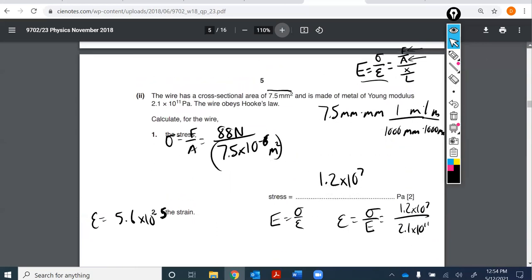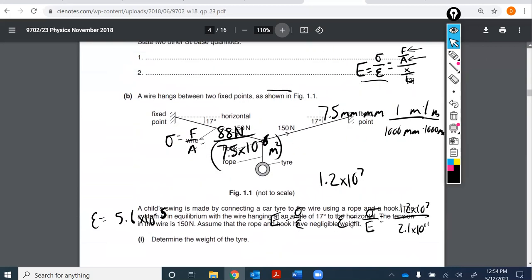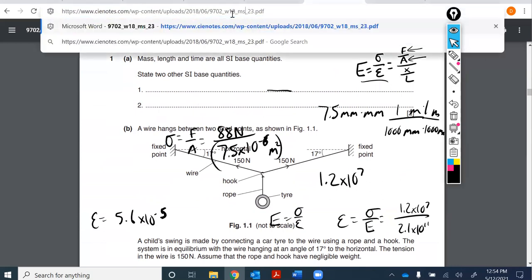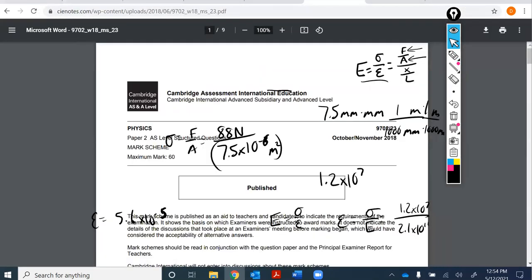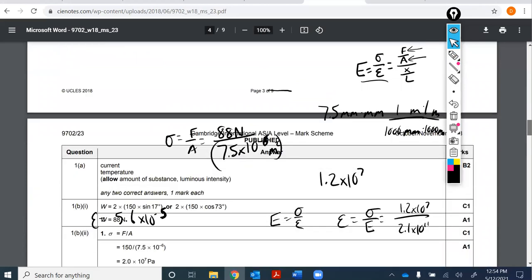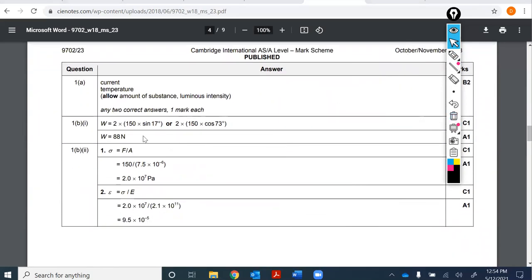Now, it's possible that's correct, but it's also possible I misinterpreted something up here with this wire. Let's see what the mark scheme tells us about it. Ah, yes.